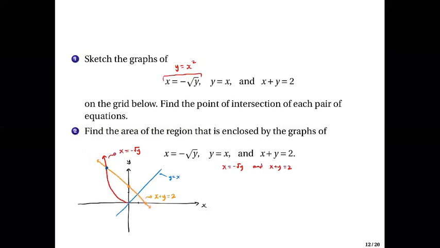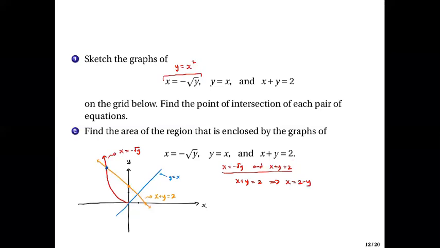So how do we solve this? Well, you have your x equals negative square root of y, and then you have x plus y equals 2. From x plus y equals 2, we can write x equals 2 minus y.